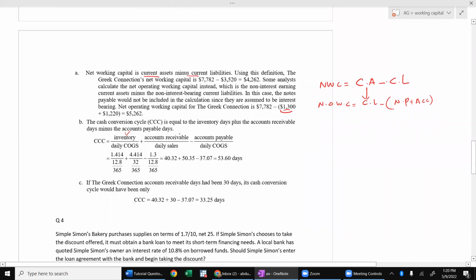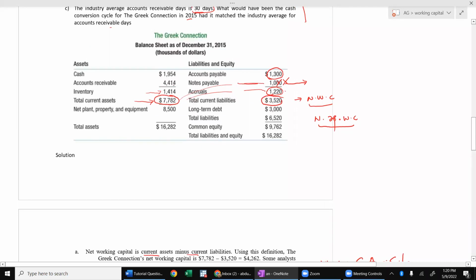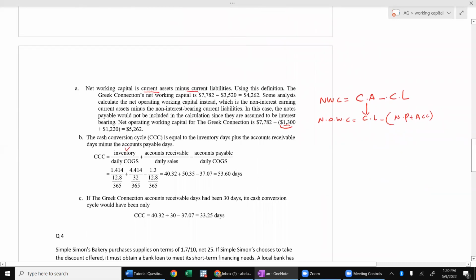Account receivable is also given, 444, so this is account receivable divided by sales, divided by 365.